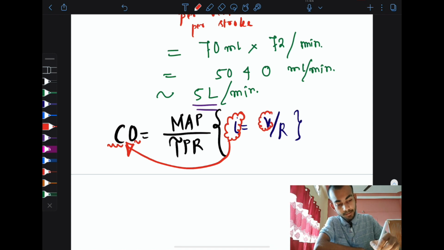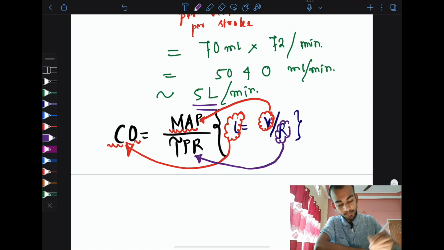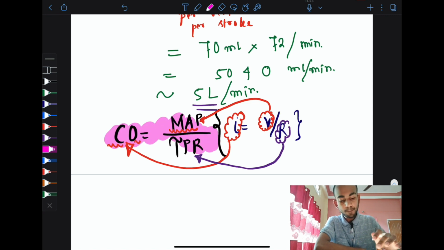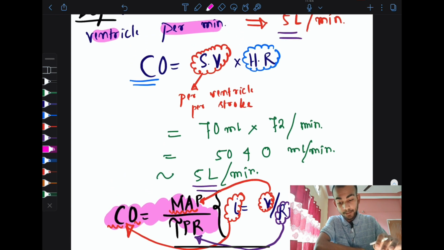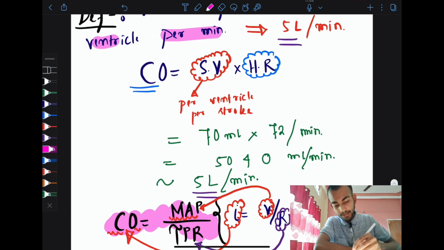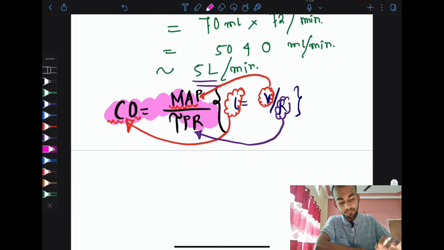And V, the potential difference, is analogous to the pressure difference, which is nothing but the mean arterial blood pressure, and R, the resistance, is analogous to the total peripheral resistance, right? So this is how the second formula can be remembered using the analogy of electricity, and the first formula is basically obvious, that is the cardiac output is equal to the stroke volume into the heart rate, right guys?